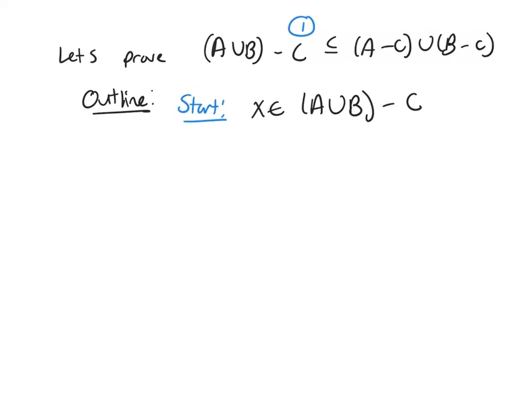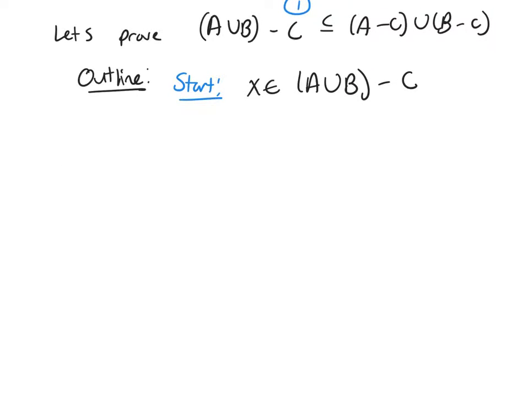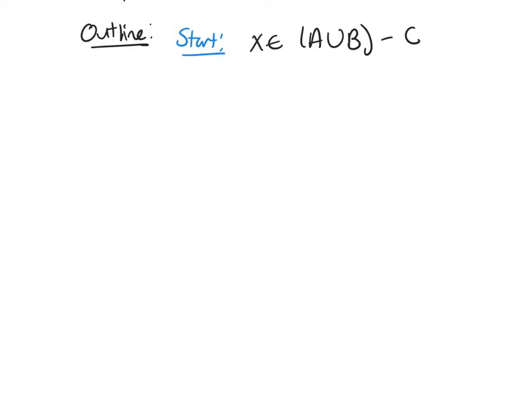And what will be the end of this proof? I want to make sure to give myself enough space here. The end of this proof will be that X is in A minus C union B minus C. So what does it mean to be in a union?